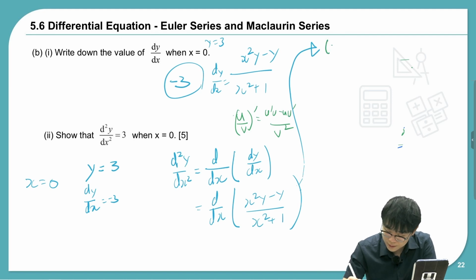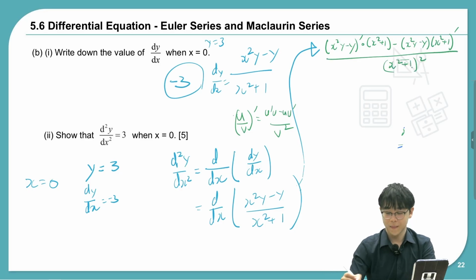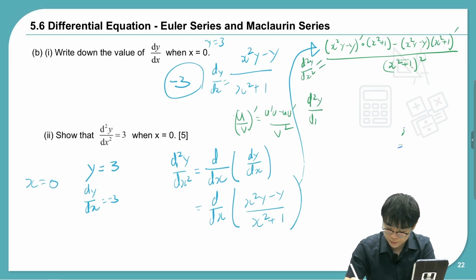So I'm going to do exactly that. I'm going to get (x squared y minus y)' times (x squared plus 1), minus (x squared y minus y) times (x squared plus 1)', all over (x squared plus 1) squared. That is what d squared y over dx squared is going to be.